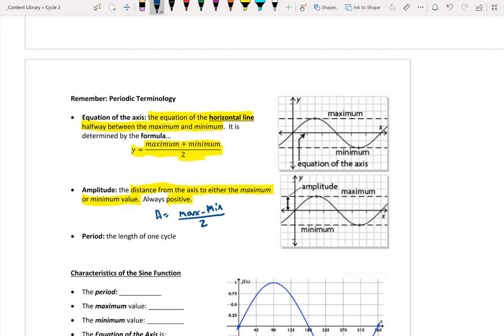To show that it has to be a positive number, we put these two vertical lines. That just means that regardless of whether our answer is positive or negative, we're always going to make sure that it's positive. And the period is the length of one cycle, or one repetition.